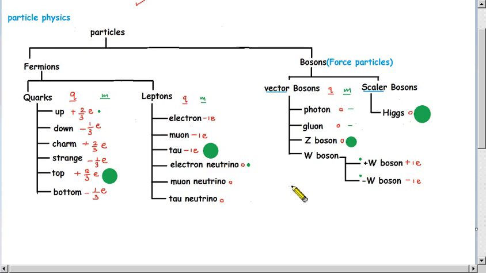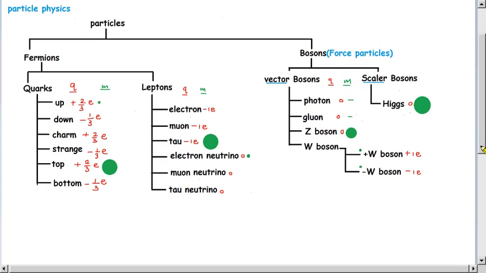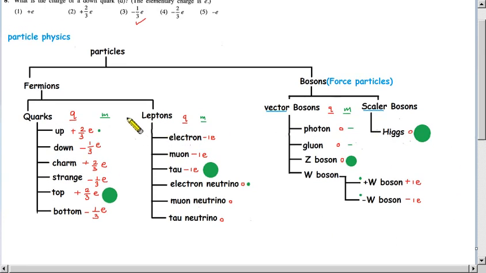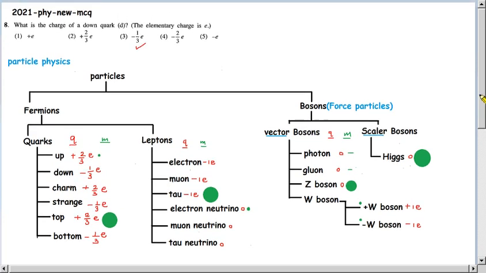So this is the summary, children. Next time they might ask the mass like this, not everything, just what is the lightest one or the heaviest one. So be ready. You have to keep these charges in your mind, because they are asking like this now.